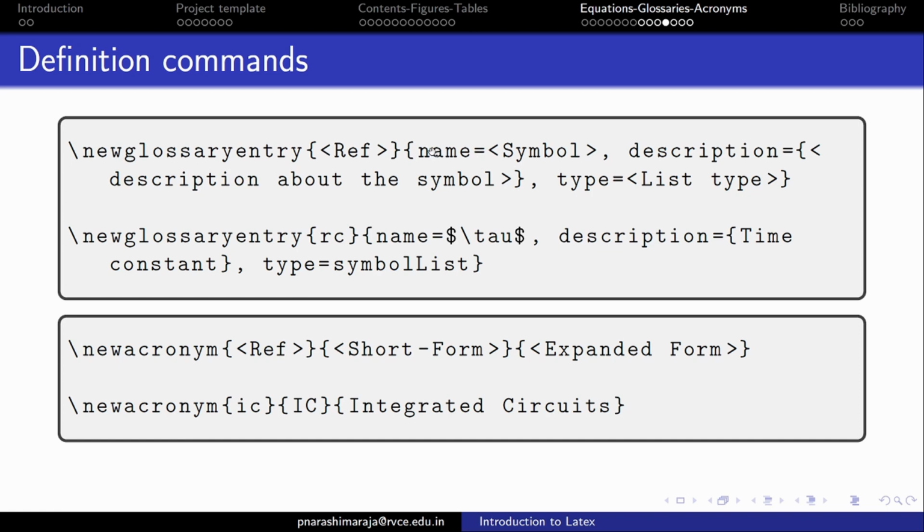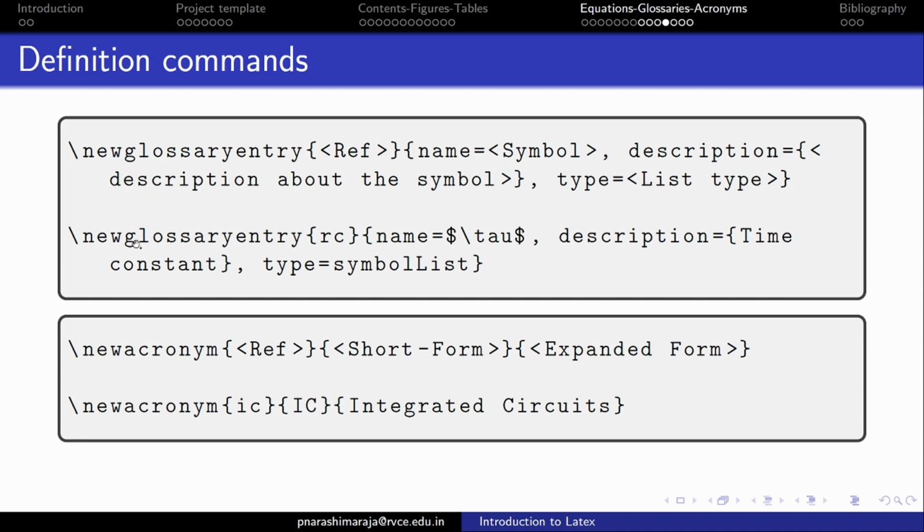Then the next field, the name field, holds the symbol that you want to have, probably tau, or even c or epsilon, whatever symbol you want to define, specified with inline $ signs in case you are using any sort of symbols here. The next one is the description, where we mention what this symbol represents. And the third one is the type, which we don't want to change. We will leave this type as the default mentioned in your template.